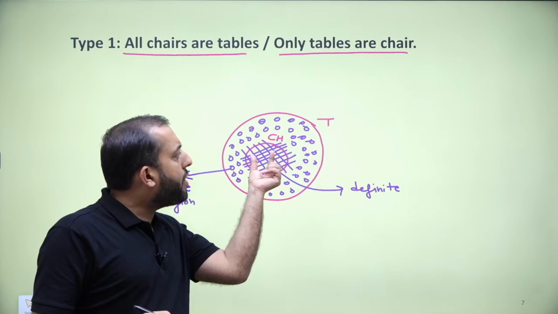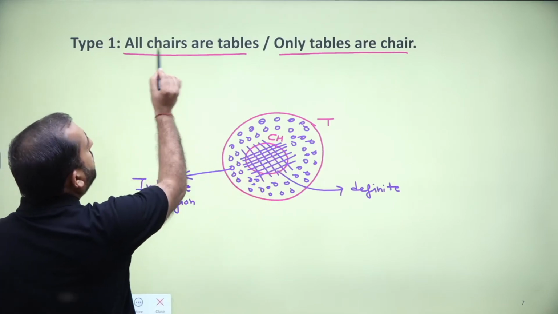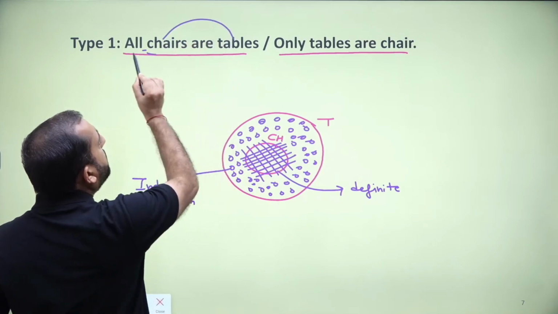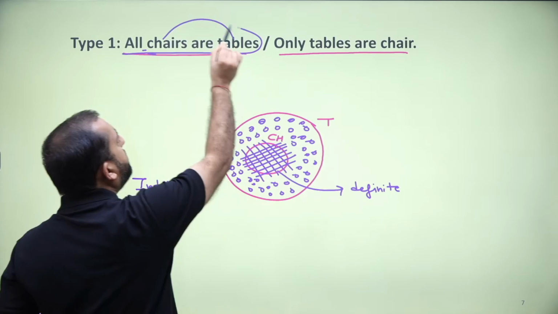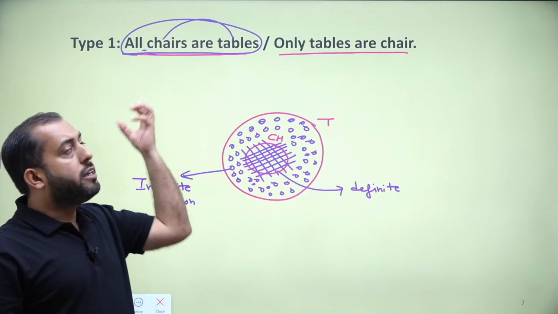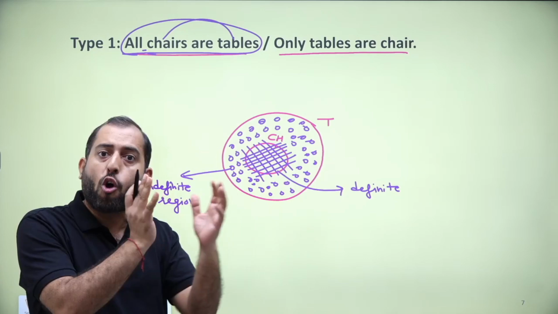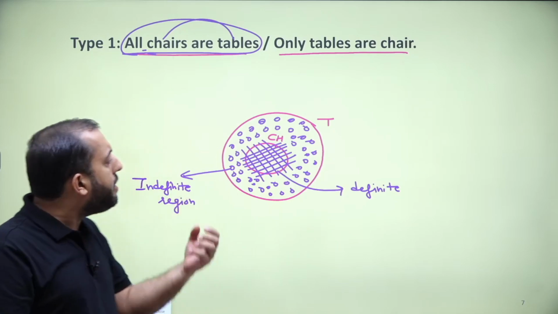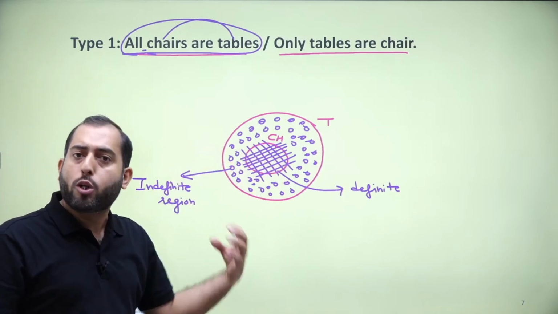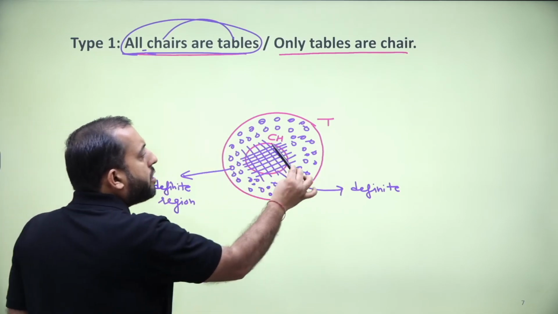Why is this overlapping of chair and table definite? Because the information that all chairs are tables has been given in the statement directly. So the region whose information is given in the statement directly is called a definite region, and the region whose information is not known to us is called an indefinite region.